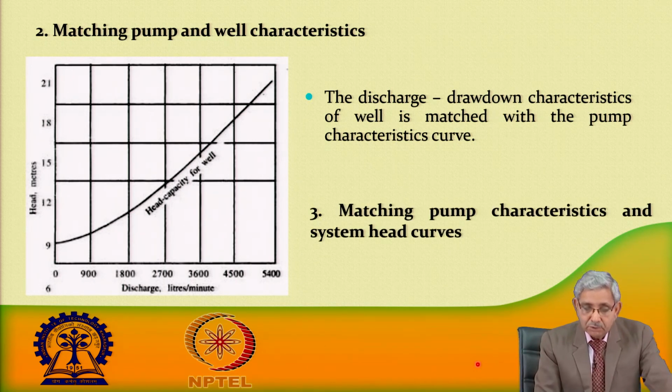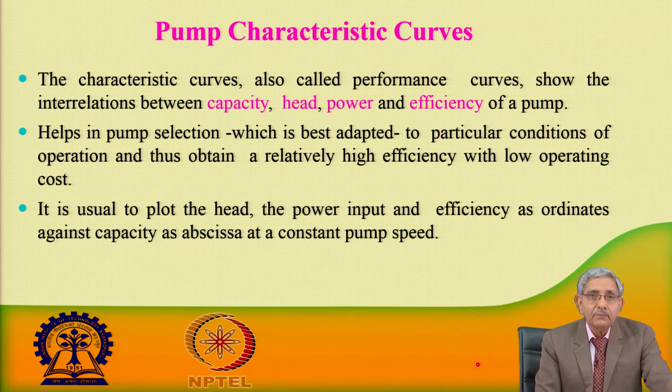Now, we need to match the pump characteristic with this particular well discharge drawdown curve. The pump characteristic curve, also called the performance curve, shows the interrelationship between capacity, head, power and efficiency of a pump.